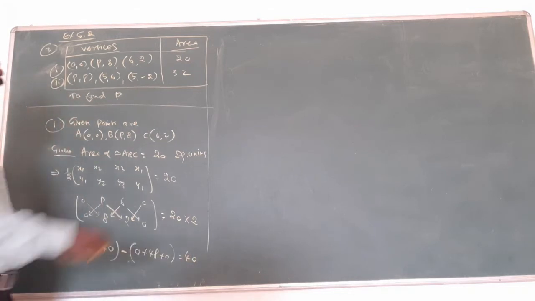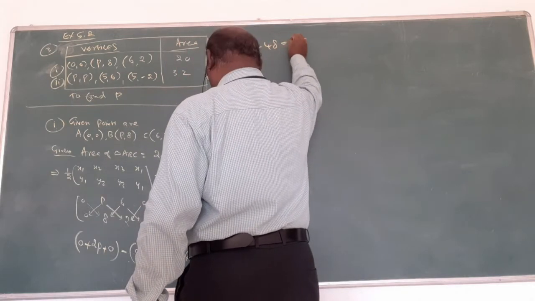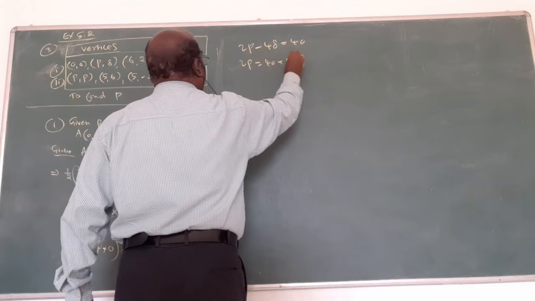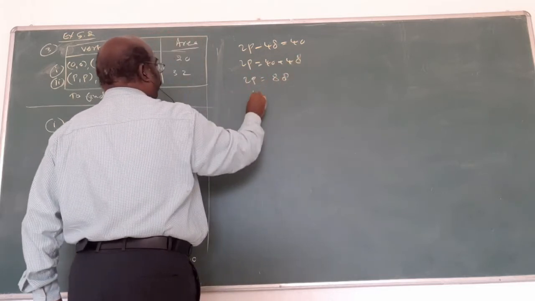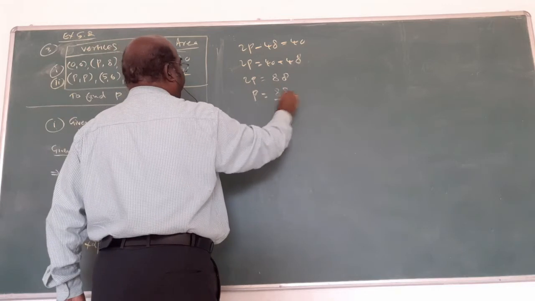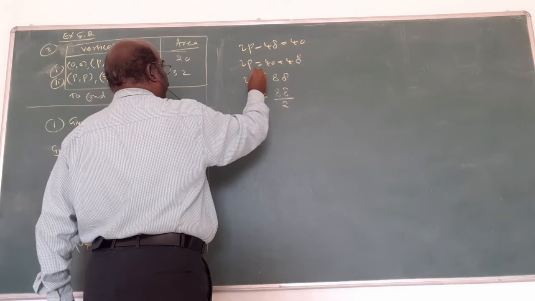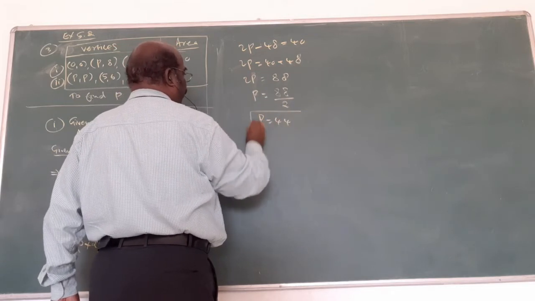Now here 2b minus 48 equal to 40. 2b equal to 40 plus 48. Adding, 88. b equal to 88 by 2. Okay? Therefore, b equal to 44. This is the answer.